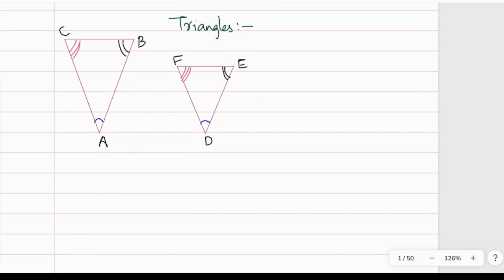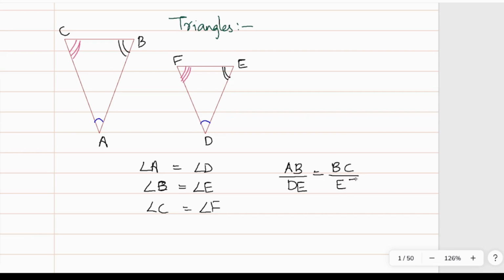In this condition, if angle A equal to angle D, angle B equal to angle E, angle C equal to angle F, also AB by DE equal to BC divided by EF, which is equal to AC divided by FD. If this condition also satisfies, then we can tell that these two triangles are similar.